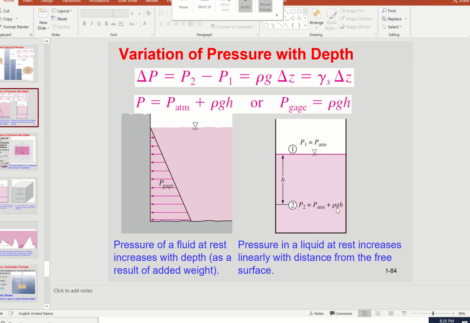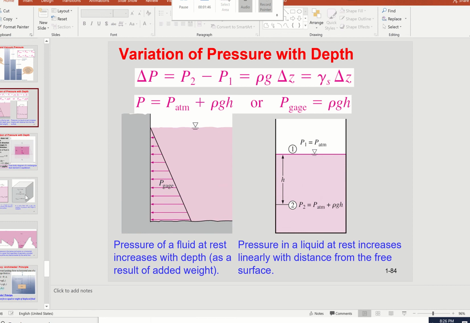G is our gravitational coefficient, 9.81 meters per second squared, or 32.2 feet per second squared, right? H is the depth. So pressure in a liquid increases linearly with the distance h from the free surface. That's a very important equation: P is equal to atmospheric pressure plus rho GH.